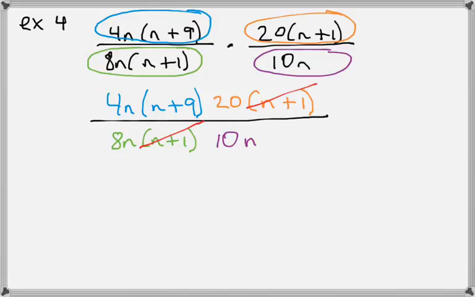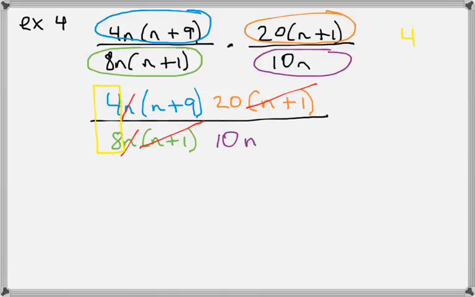Now there are several ways we can go about simplifying here. I am going to do it one fraction at a time. So if I look at this guy, let's cancel out what else we can cancel out. We have an n at the top and an n at the bottom that we can cancel out. So then now, let's go ahead and take a look at, we have a 4/8.